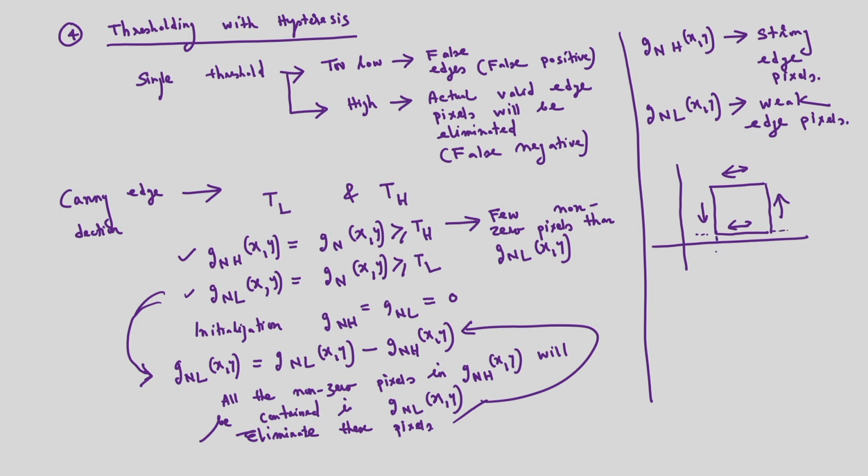This threshold is the low threshold, this threshold is the high threshold, and corresponding to this is the dark black, and corresponding to this point is white, because after edge detection I am getting the binary image: either the pixel is present or not.